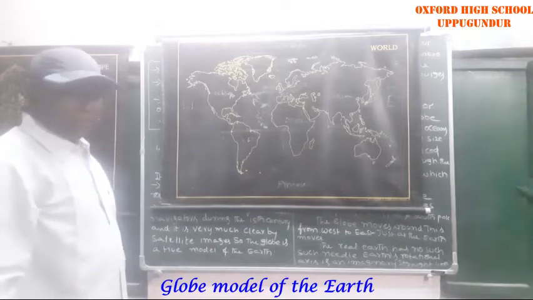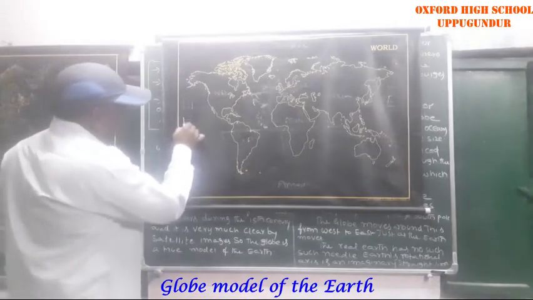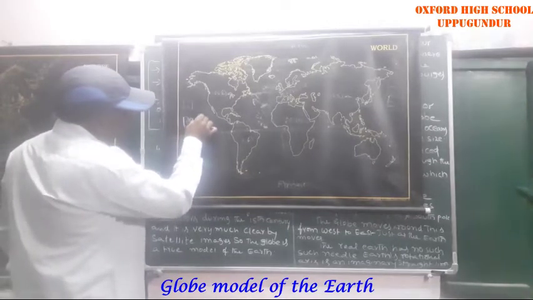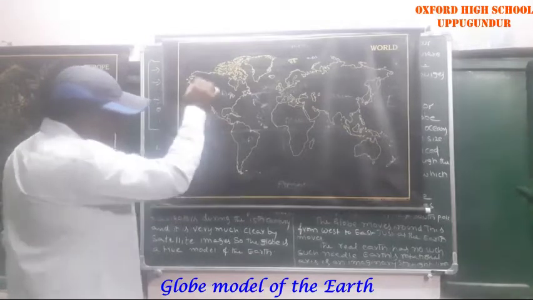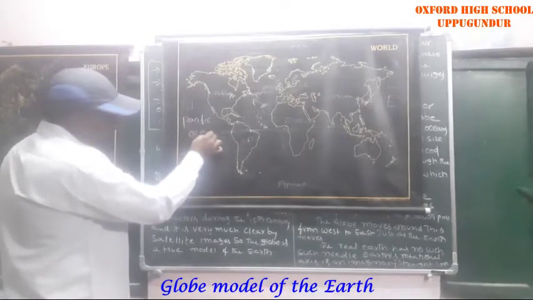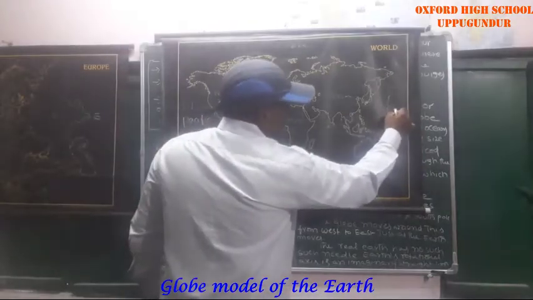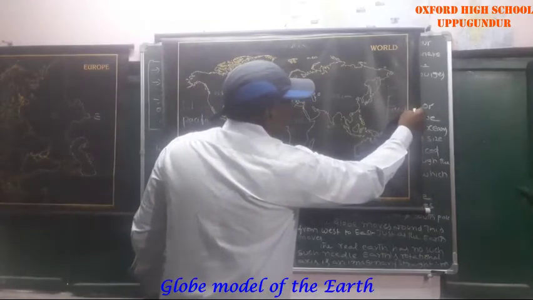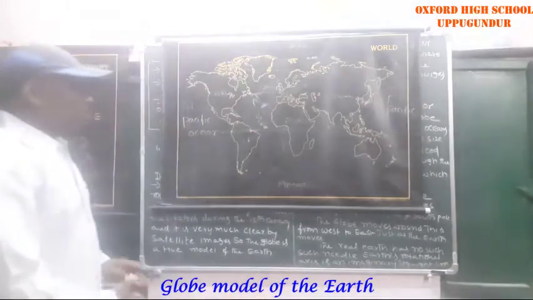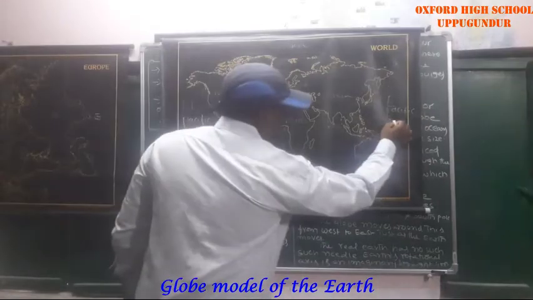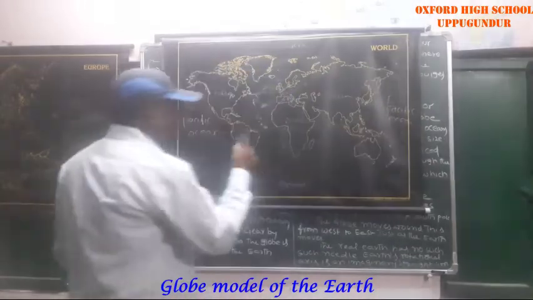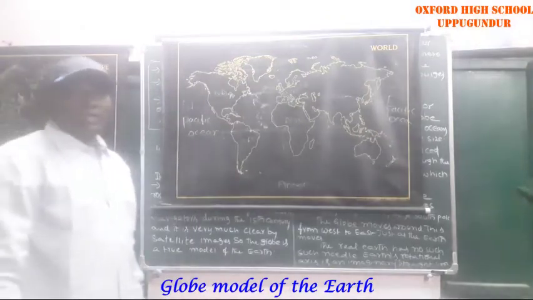Tell me, anybody? Yes, the Pacific Ocean is flowing here, isn't it? So on the east side the Pacific Ocean, and on the west side the Pacific Ocean is flowing.